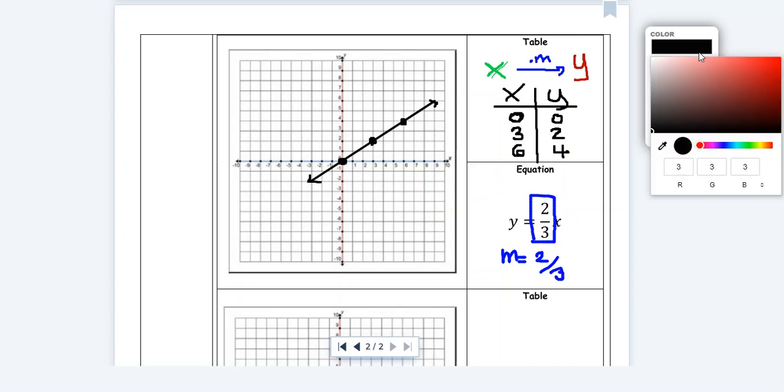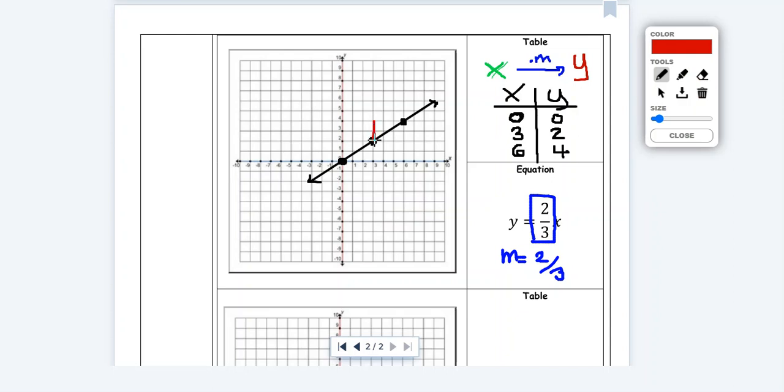And of course, at this point, I can double check to make sure that my slope matches. Okay, so I'm going to pick 2 points, and I'm going to draw my slope triangle. I'm going to rise 2. So my rise is 2. I went up 2.